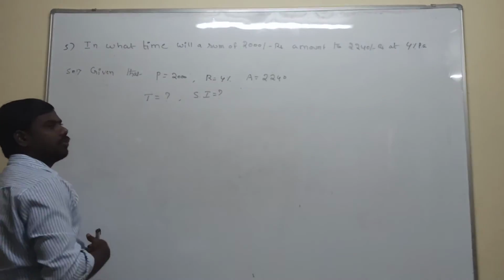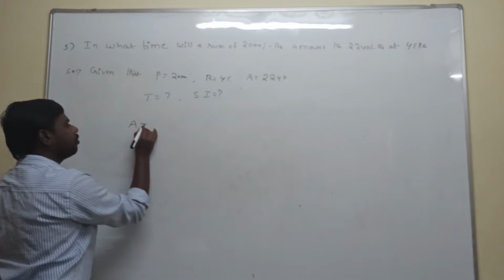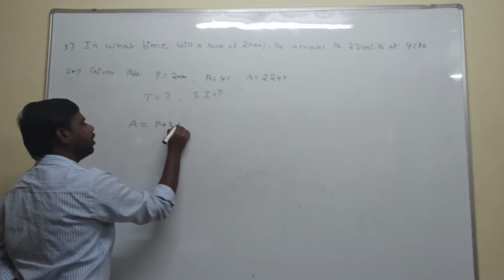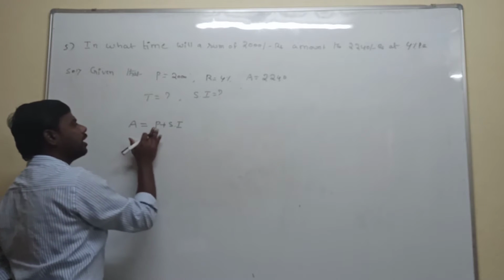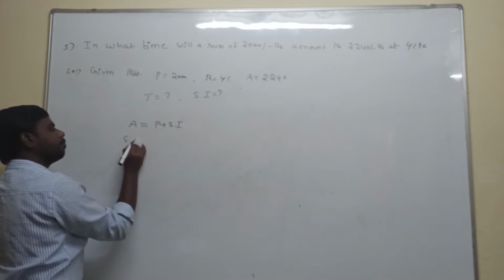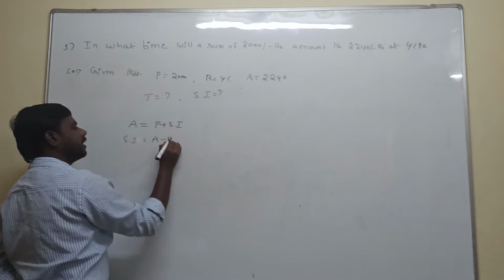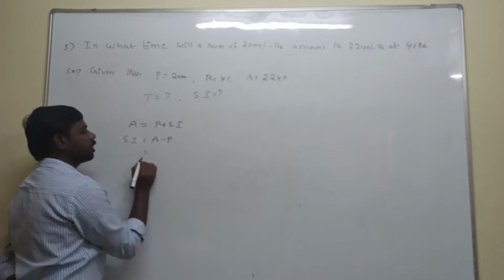Whenever the amount is given, we need to apply the amount formula. Amount formula: capital A is equal to P plus simple interest. So we need to calculate simple interest first. Capital P taken from RHS to LHS, that's why simple interest is equal to A minus P. Now substitute the values.